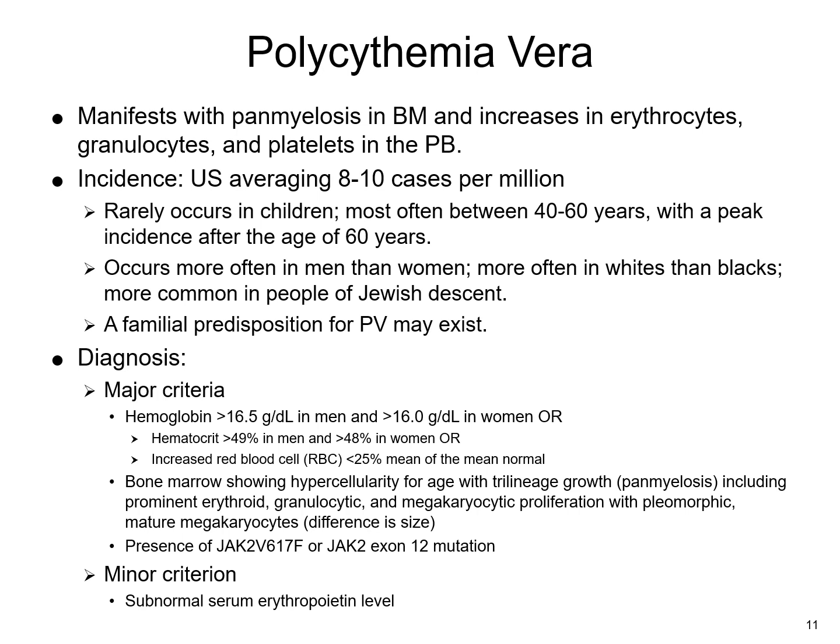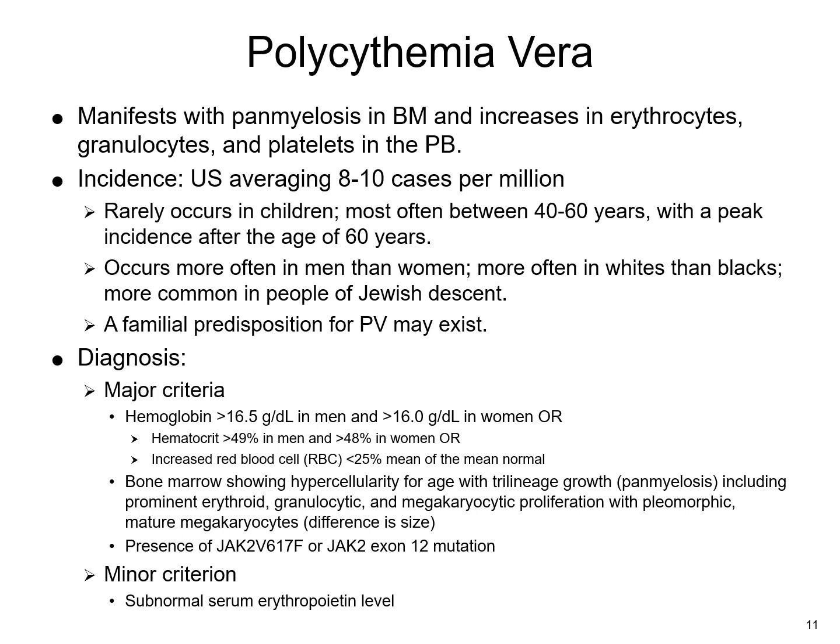Within the bone marrow, you do see panmyelosis, which is basically hypercellularity for the particular age of that patient, and you're going to see it in the different lineages, including the erythroid, granulocytic, and megakaryocytic, or your platelet lineage.